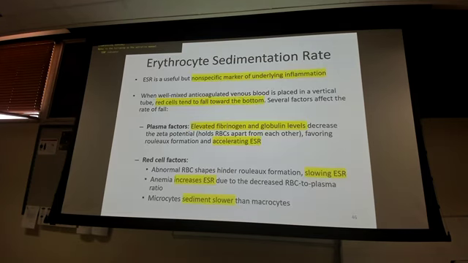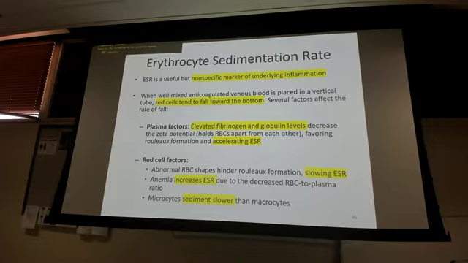All right, ESR. Remember, I talked about ESR in that first lecture, the first time we met at 1500 on a Friday. This is that non-specific marker test for inflammation. The test takes about an hour or so.